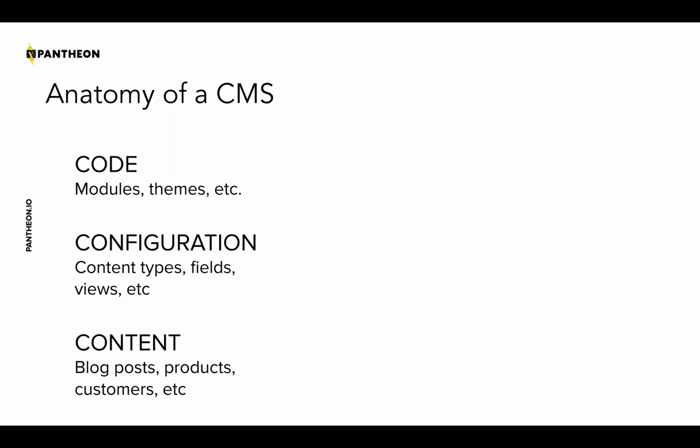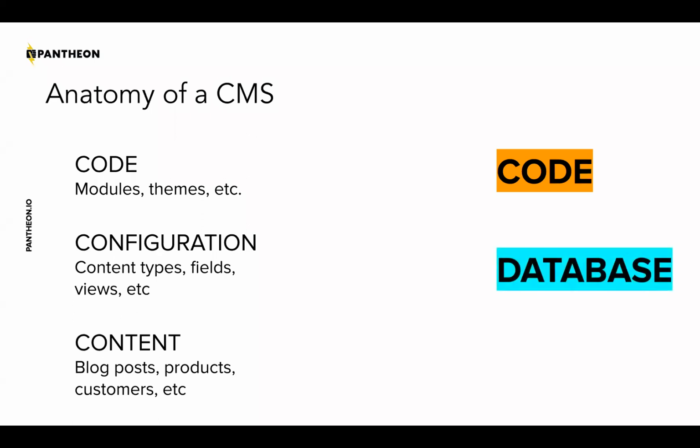The anatomy of your CMS gets broken down into three distinct parts. The first one is code. The second one is the database. And the third one is files. And in this case, files are referring to those content files, those things that you upload when you create content, like your images, your PDFs, all of those things that get tied to your content.